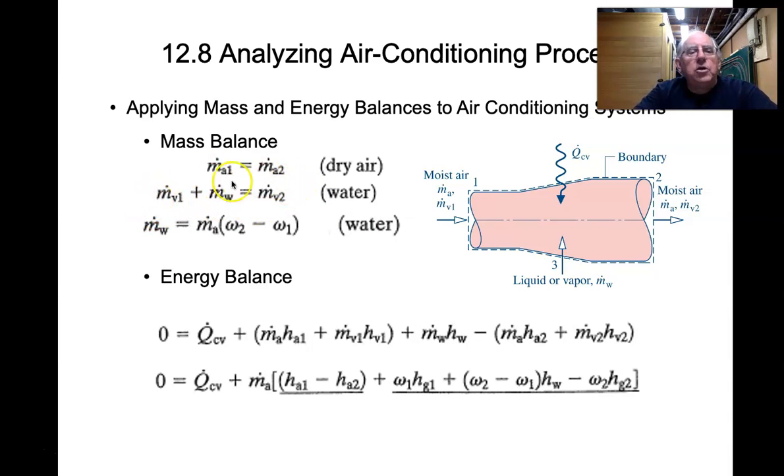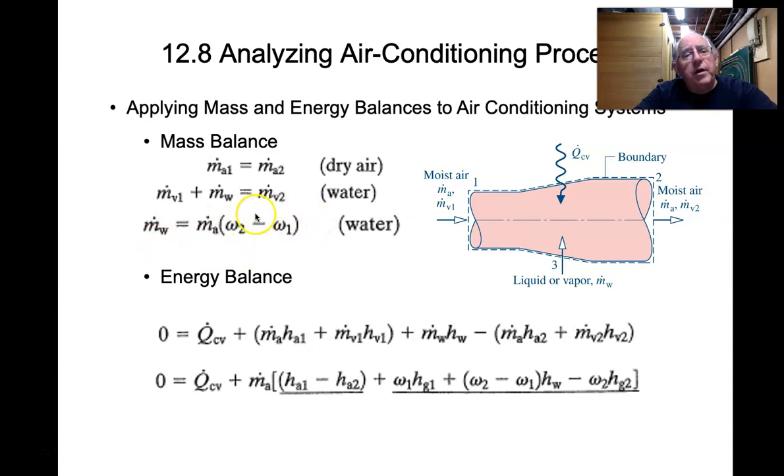Now, if we look at this equation right here, and we separate and have the m dot water on the left-hand side and take this over to here, we recognize that each of these vapor flow rates can be related to the mass of the dry air and the corresponding humidity ratio, because the humidity ratio is nothing more than the mass of the vapor over the mass of dry air.